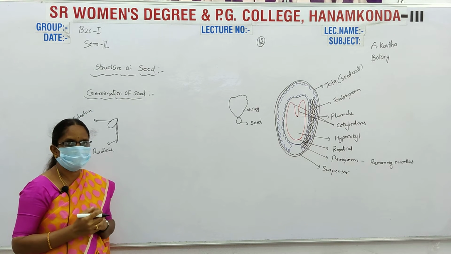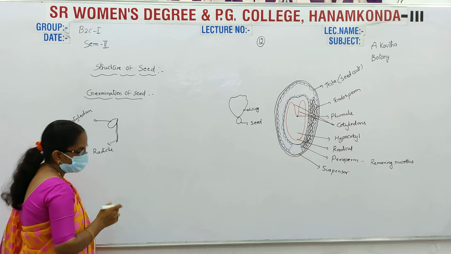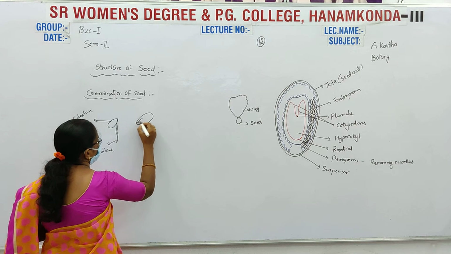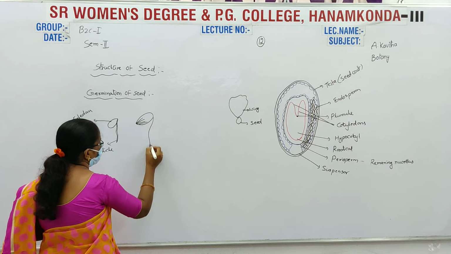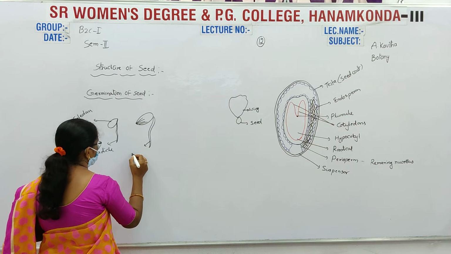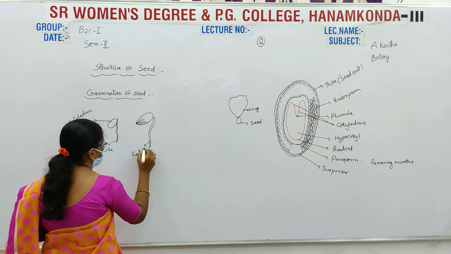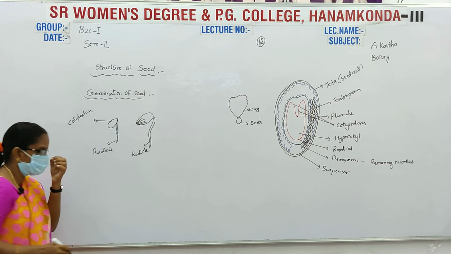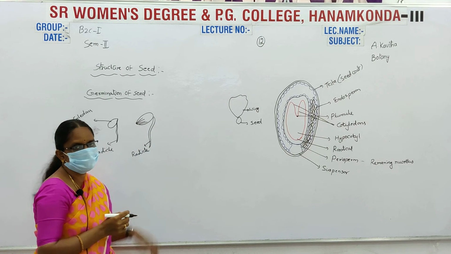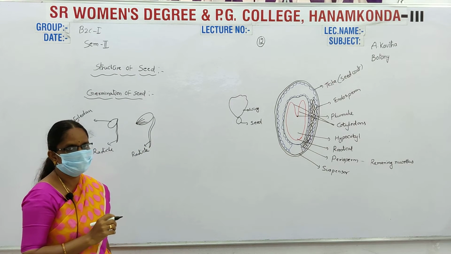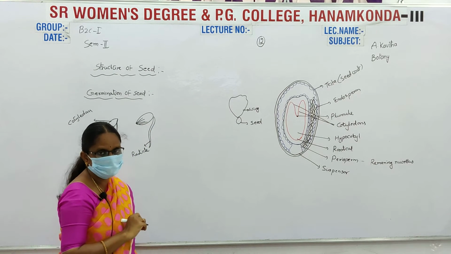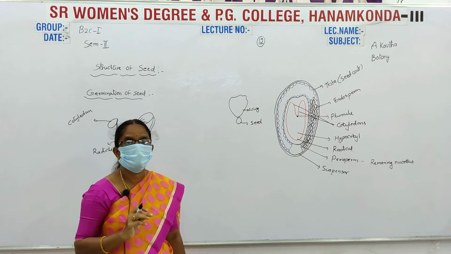The radicle develops a root system, just like a long thread-like structure. The radicle develops the root system of the Pinus. And the two cotyledons develop into 8 to 14 cotyledons.